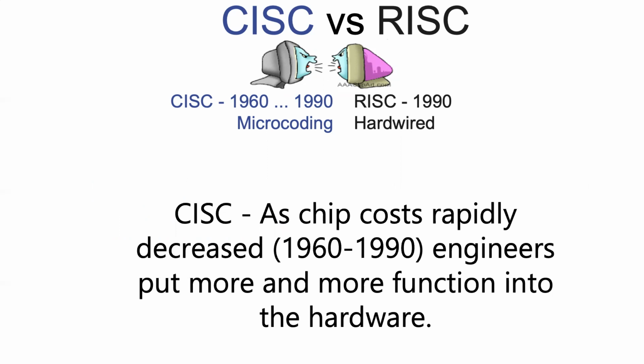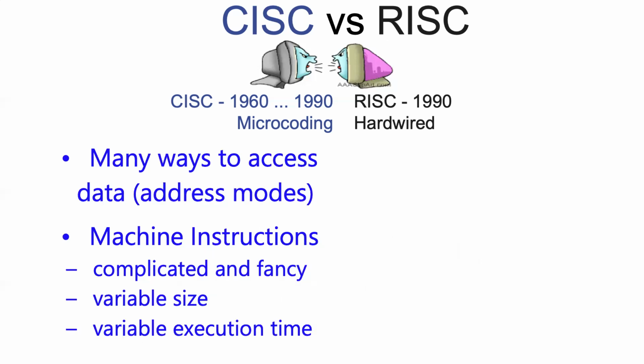In the early days of microprocessor design, it was easy to believe, or maybe it was a good idea, to just put more and more functionality right into the hardware. So if the hardware could do an instruction faster than you could do it with software, why not just build as much as you can into the processor?